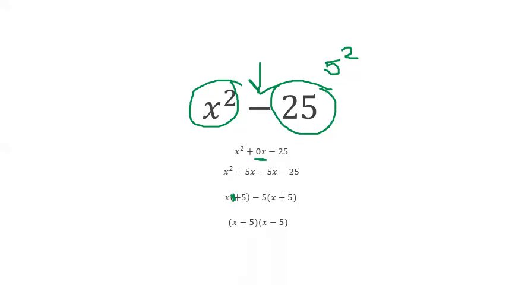So your final answer is x plus 5 and x minus 5. So again, difference of squares will have two square numbers that are being subtracted, and your final answer, you could skip to that if you recognize it's a difference of squares, will be the square roots of each term, and one is a plus and one is a minus. Remember, you always need to look for a GCF first out of any of your terms.